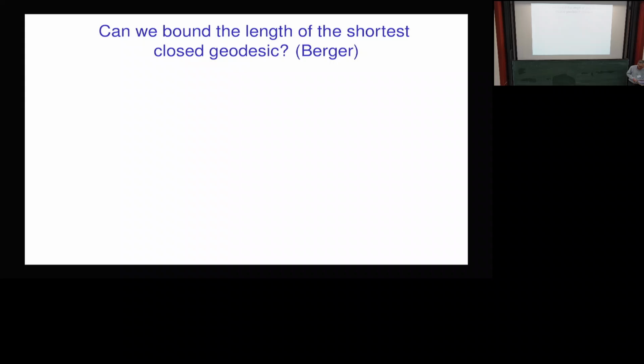One remark is, of course, we are not talking about a lower bound. Let me rephrase it: fix the volume, equal to 1. If I fix the volume, I can pinch this and make a geodesic very short, right? I can make a torus like that. So certainly there is no lower bound; you can get as small as you like.